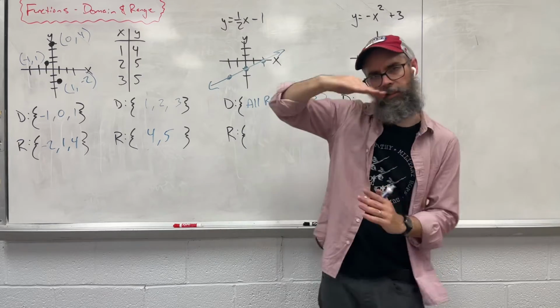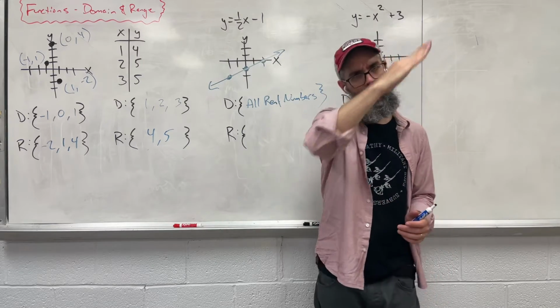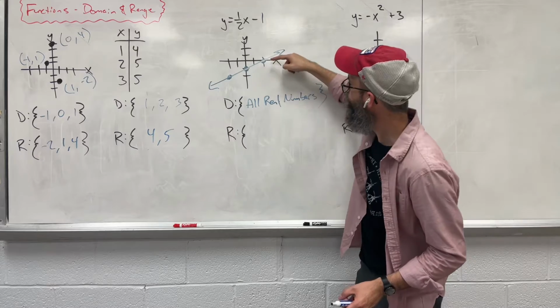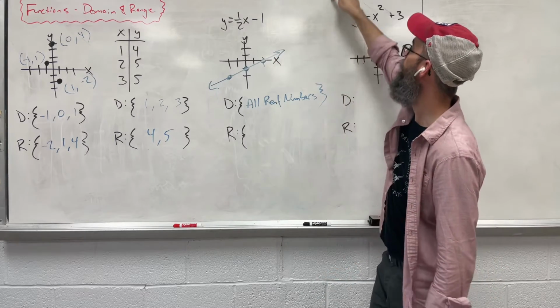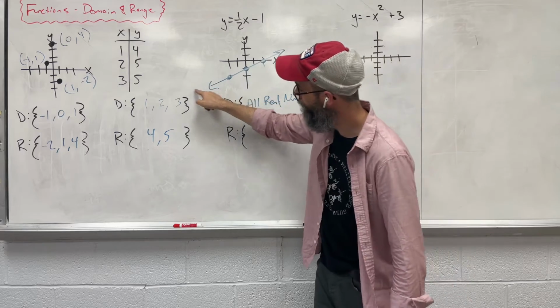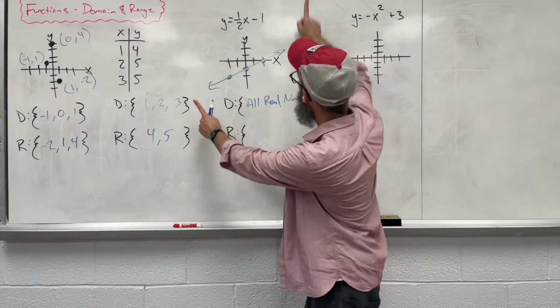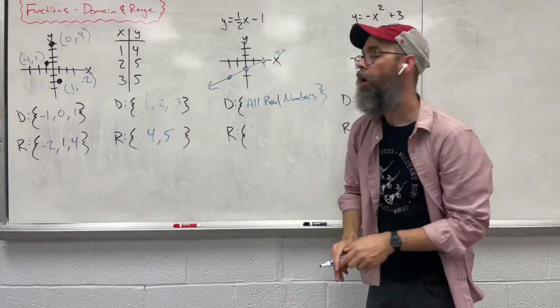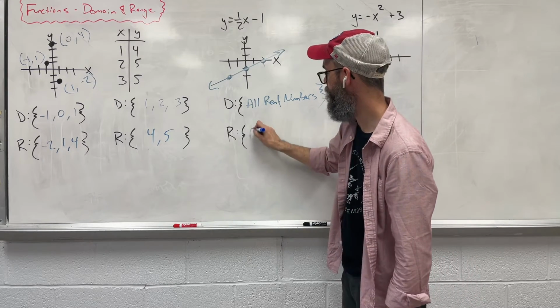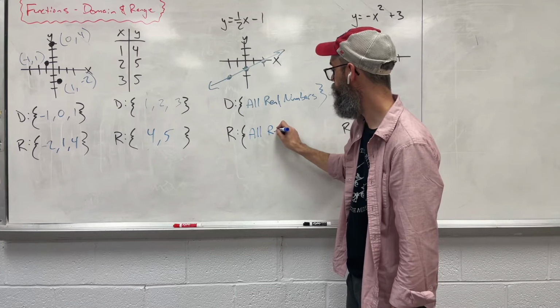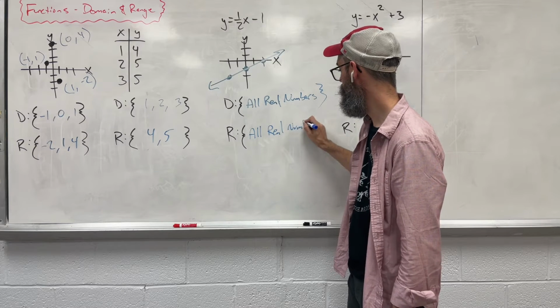Now, this graph is slanted. It's going up a little. So this graph will forever continue to go up because this arrow says it keeps going. This graph says it's going to forever go over and down. So it's going to go up and down always. It's never going to stop. With that, we're going to hit every single number ever, and we say all real numbers.